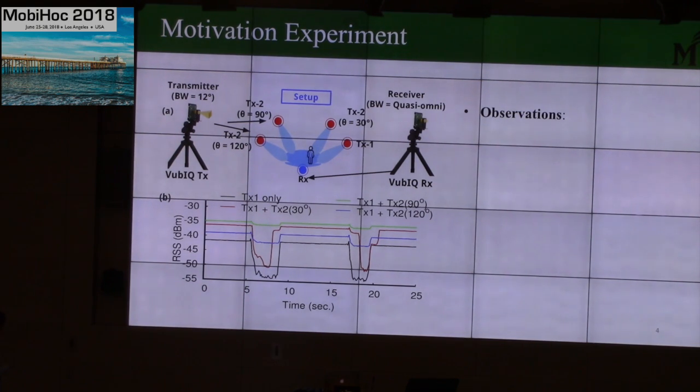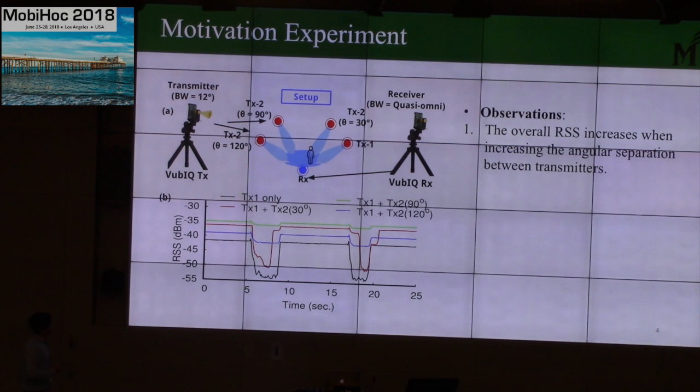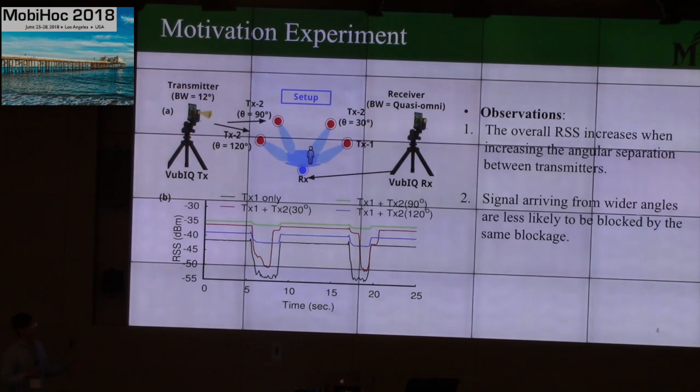From this picture, we can see that the overall RSS increases when we increase the angular separation between transmitters. Here we can clearly see that when we increase the angular separation from 30 to 90 degrees, the RSS increases a lot. This is because signals arriving from wider angles are less likely to be blocked by the same blockage.